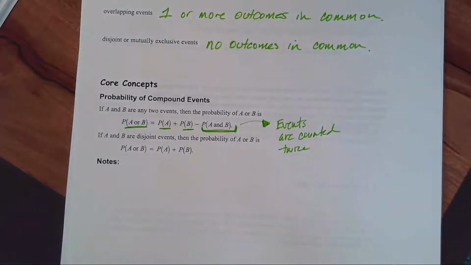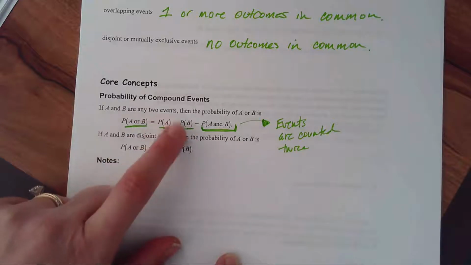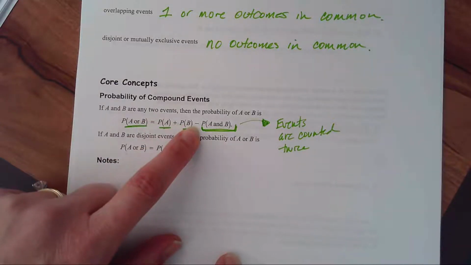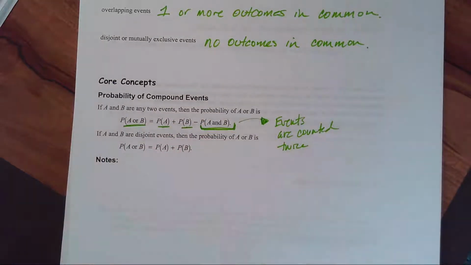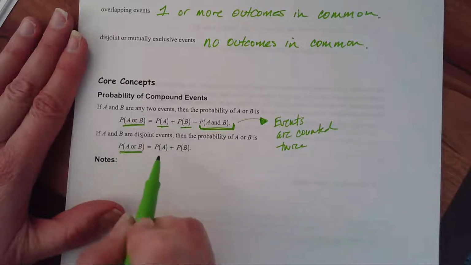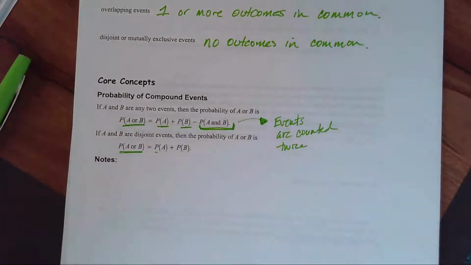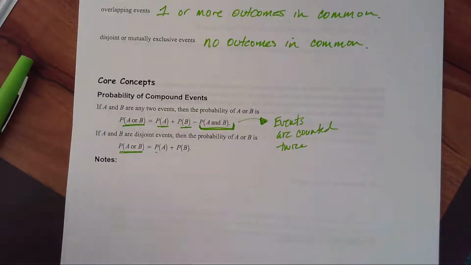So we're going to figure out the probability of A, and this time instead of multiplying, we're adding the probability of B, but then we have to subtract out the overlap. And then the probability of A or B, if this is a disjoint event, is the probability of A plus the probability of B. The difference between these two is the overlap.